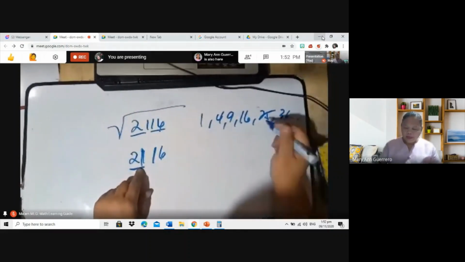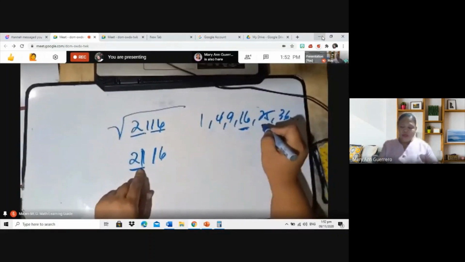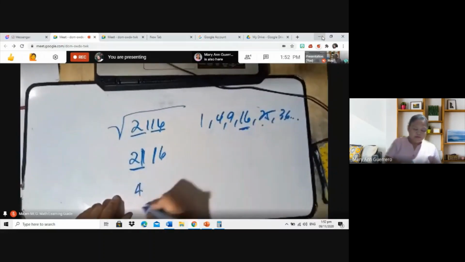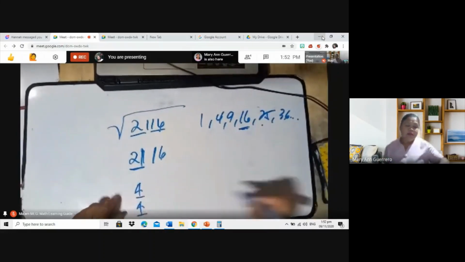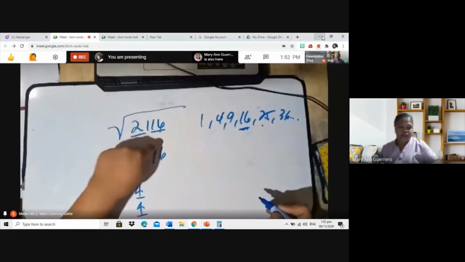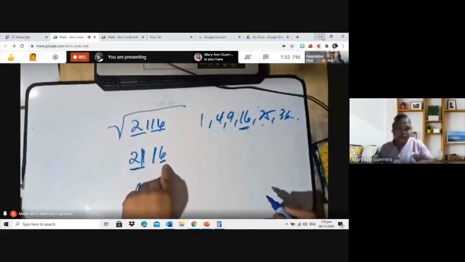So, ito, 16. Kasi ito, higit na to kay 21. So, ano yung square root ng 16? 4. So, ibig sabihin, line of 4 yung ating number ng square ay 2,116. Okay. Now, 6. Tingnan nyo yung last digit. 6.